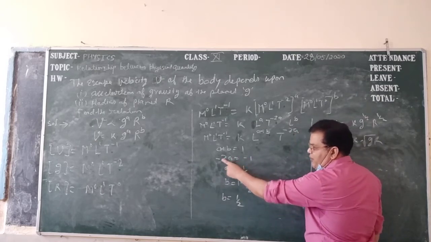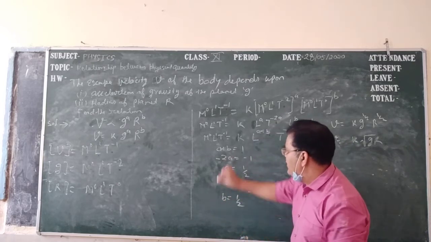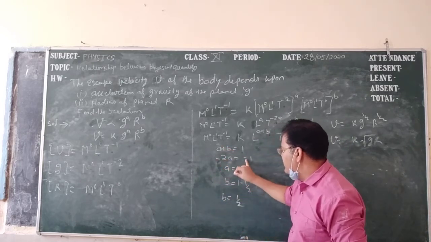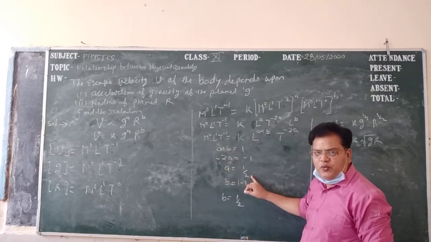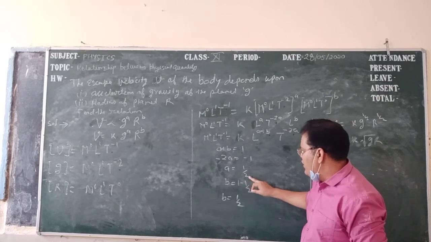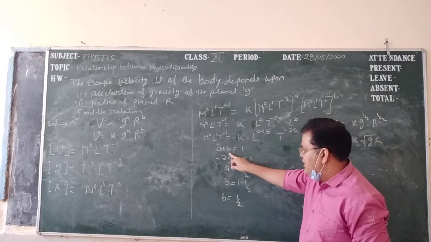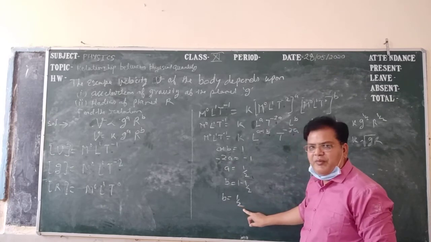Solving, cut the minus from both sides, a equals 1 by 2. Put the value of a in the first equation, and we get the value of b as 1 by 2.